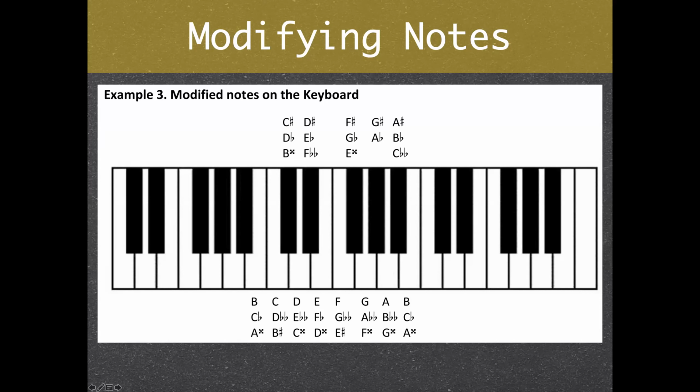And that would be this note here. And what I've done in this chart is showing you the three different ways you can name each note. So this white note here, which sounds like that, could be called B natural, C flat, or A double sharp. That's a lot of choices, even though the most user-friendly way to refer to this note would be B.